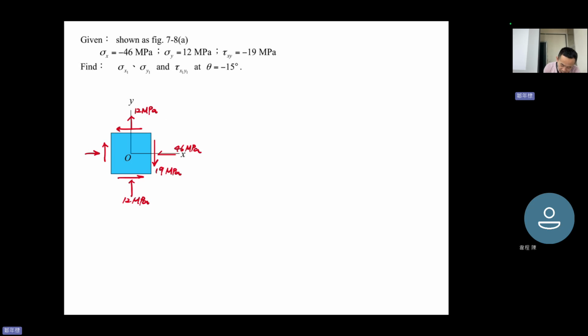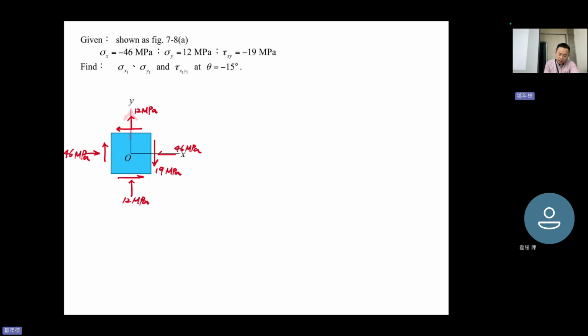Actually, 19 MPa should be written down 4 times. Sorry, I just wrote it down 3 times. And you see this is minus 46, so you see this compression. Sigma y here, 12, is positive.